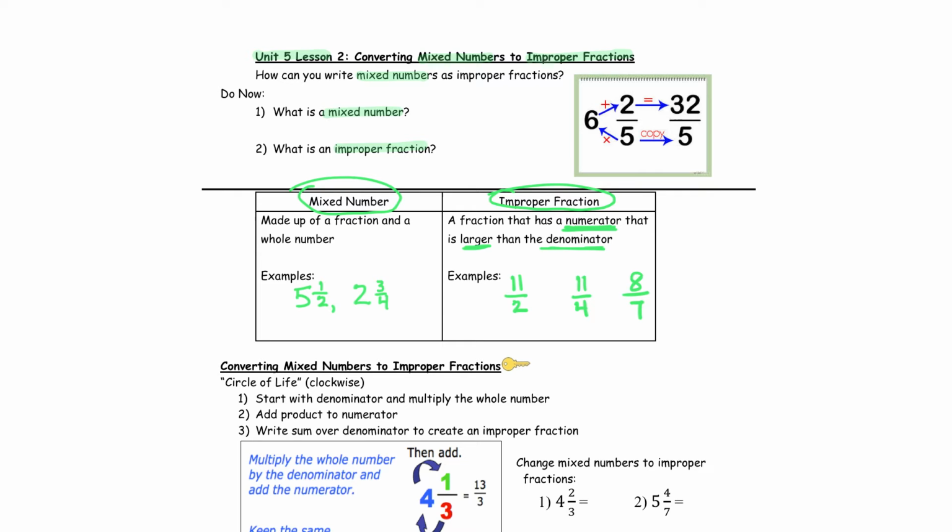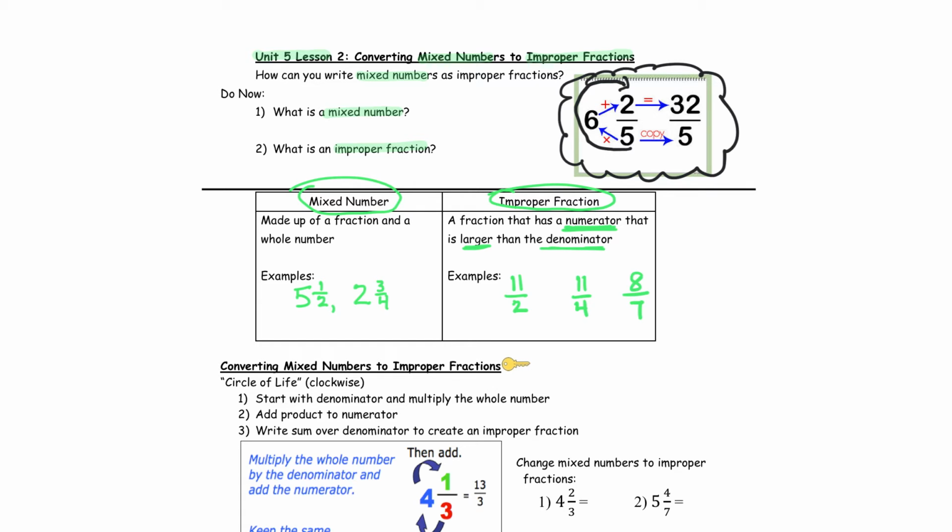If we take a look at the top here at our info box, this box is basically going to be a guide for our lesson today. When we're changing mixed numbers to improper fractions, basically all we do is we're starting with the denominator. So let's say we have 6 and 2/5. We start with the fraction's denominator and go around in this order.